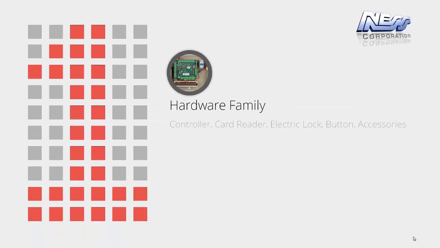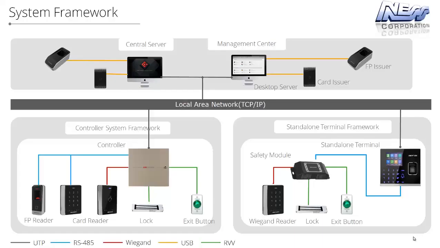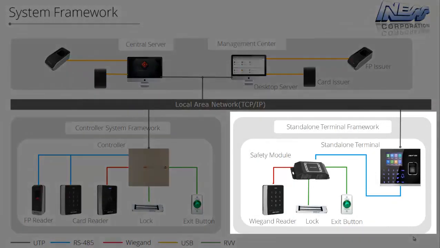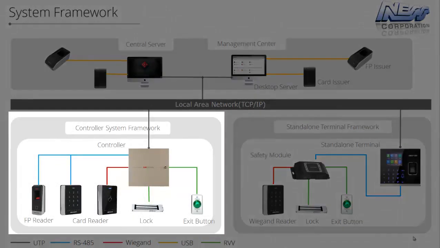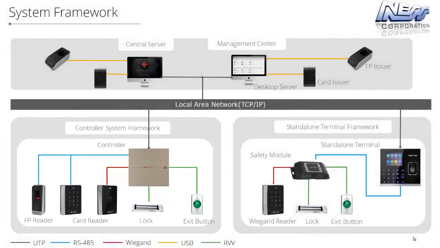Now let's have a look at the hardware, mainly the controller and the card readers that are available from Hikvision. If we look at the system framework, we can look at multiple parts that build up to a total system. This can start off at what we call system terminals, which are really one-door systems, to system controllers, which are four-door controllers, and multiple terminals and multiple controllers can be expanded on the one system to build hundreds of doors.